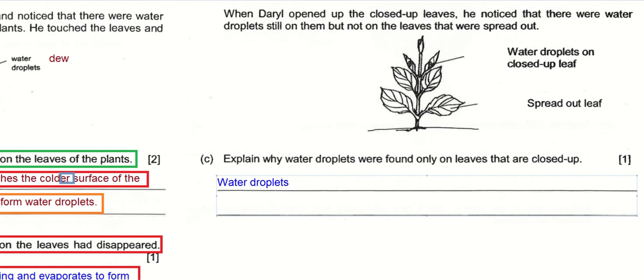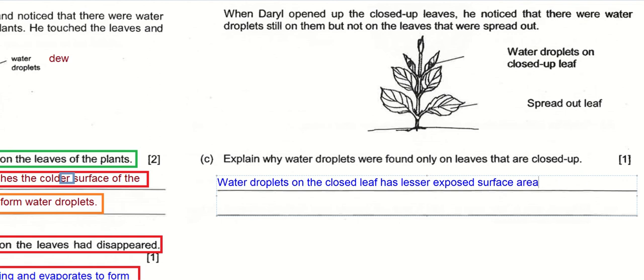So you can say that water droplets on the closed leaf have a lesser exposed surface area, because it's closed up, it's not exposed.